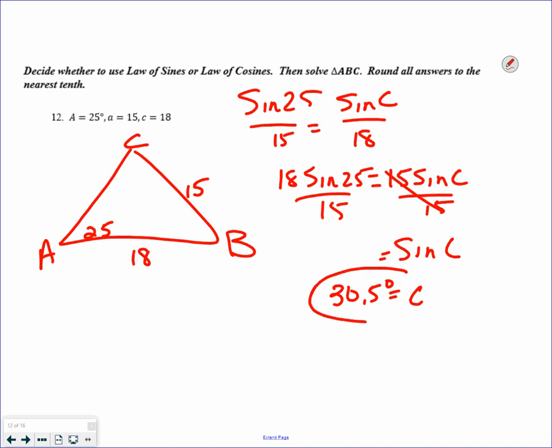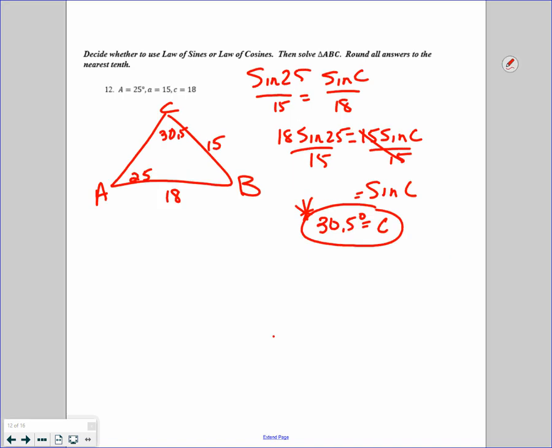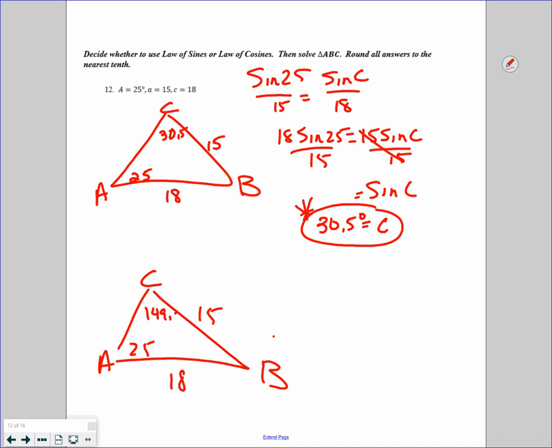Now, this is the one that we have to worry about. If C is 30.5, then angle C in our second picture, and I realize we're going to run out of space here, angle C in our second picture will always be the supplement. So that makes angle C in the second picture 149.5 degrees.